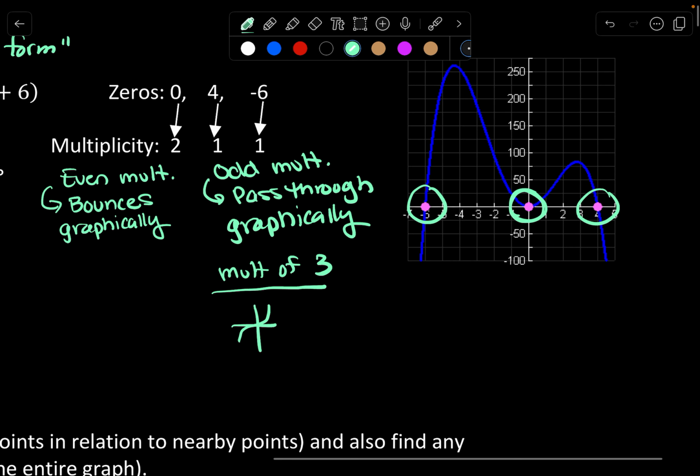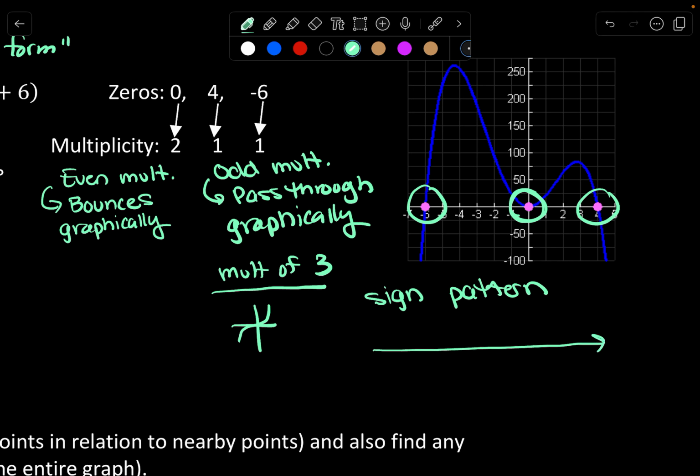So something that we will be talking about later, but not necessarily right now, but I would like to introduce it, is a sign pattern. We are able to sketch the behavior of these graphs using the signs of the output values. So I have my roots, negative 6, 0, and positive 4. And basically what a sign pattern is going to tell us is are the outputs negative or are they positive?